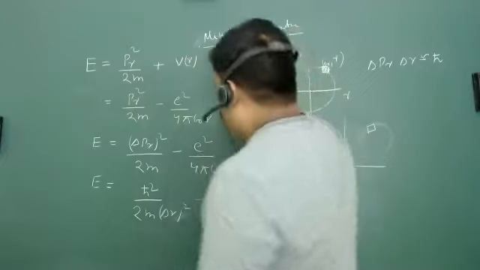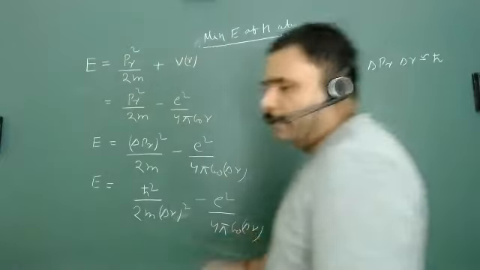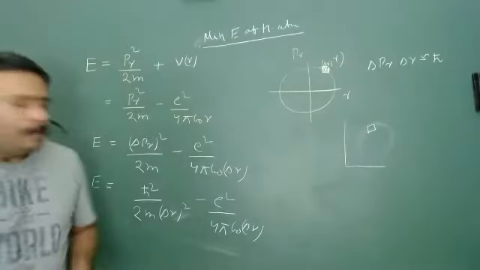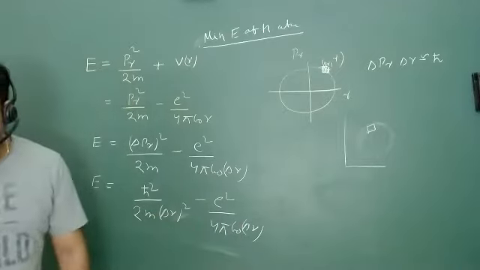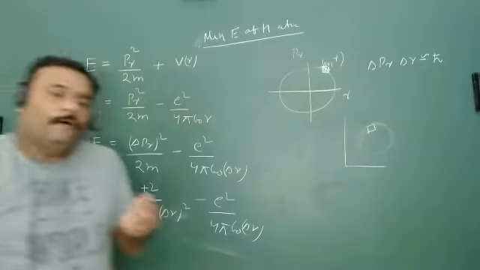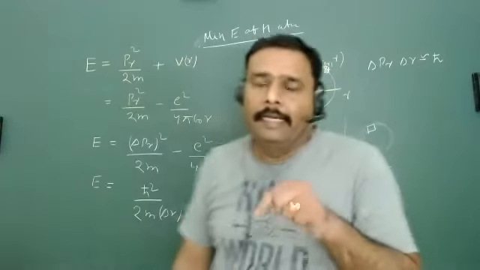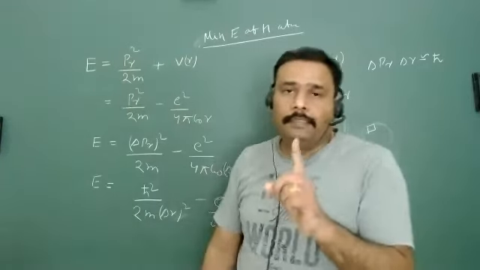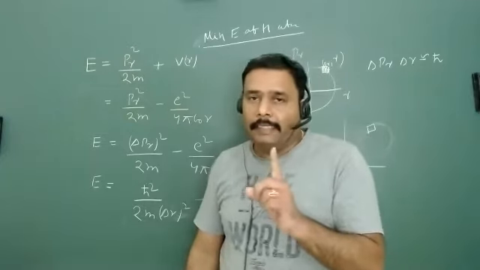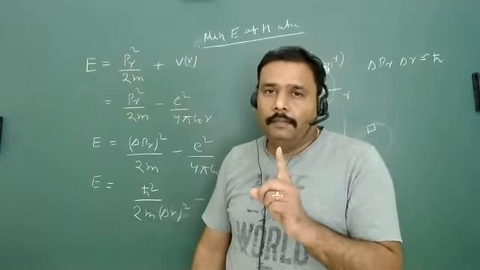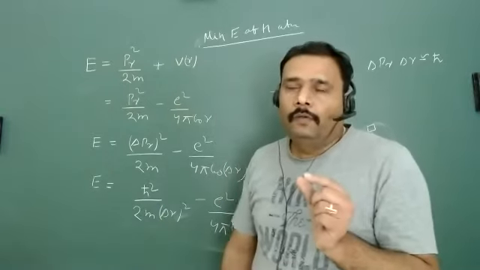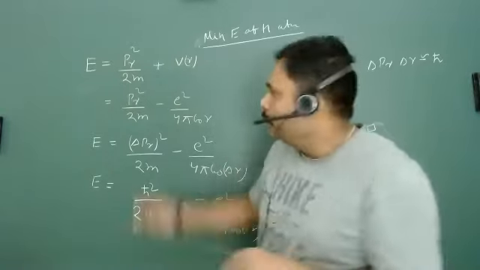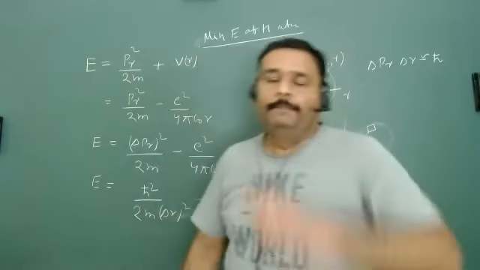You can have n number of values of delta R, but for one particular value of delta R, which is a number, you can find this energy is minimum.